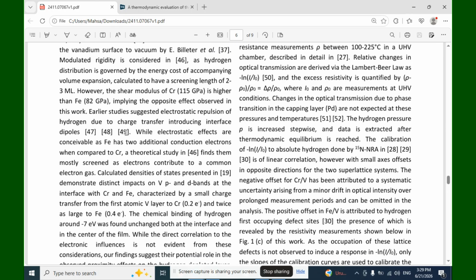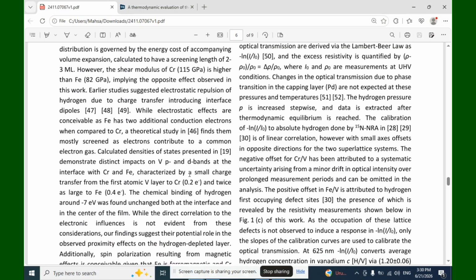Earlier studies suggested electrostatic repulsion of hydrogen due to charge transfer introducing interface dipoles. While electrostatic effects are conceivable as Fe has two additional conduction electrons when compared to Cr, a theoretical study in 46 finds them mostly screened as electrons contribute to a common electron gas.